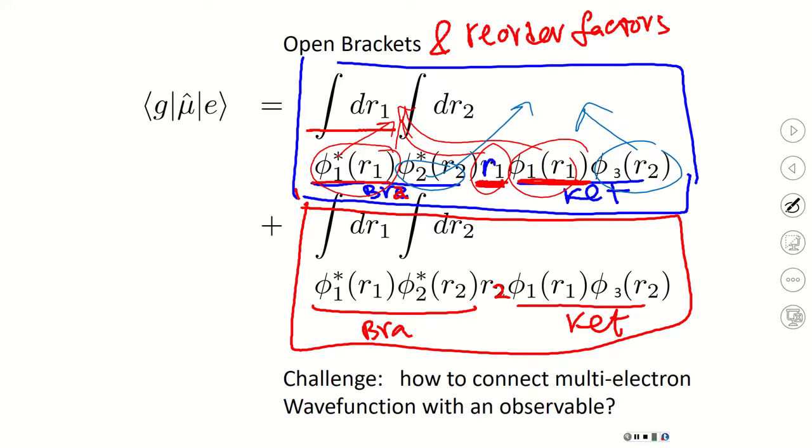Good. So the integration over R2 doesn't affect functions of R1. And then we will have a product of two integrals over R1 and over R2. The integral over R1 will include three factors, right? Two wave functions and one operator, two orbitals and one operator. The second one will include only two factors, two orbitals, right? And similar thing will be for the second part.